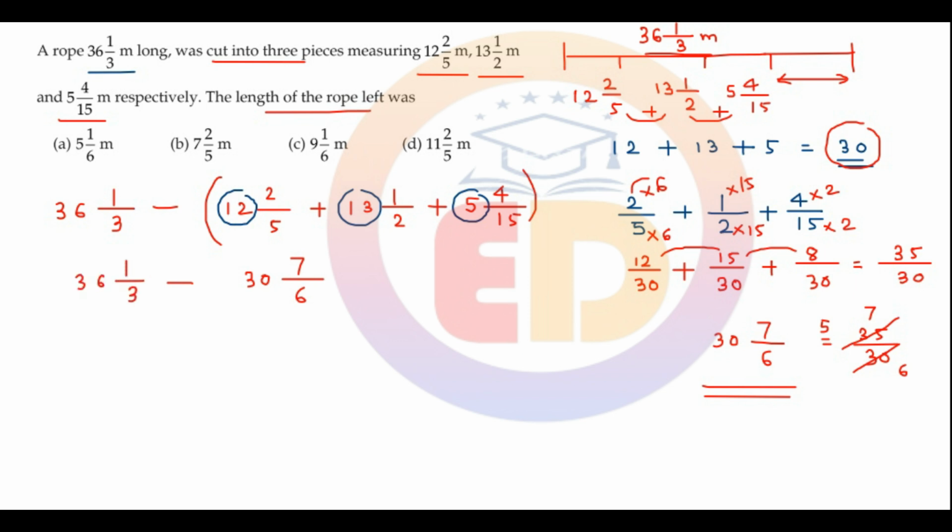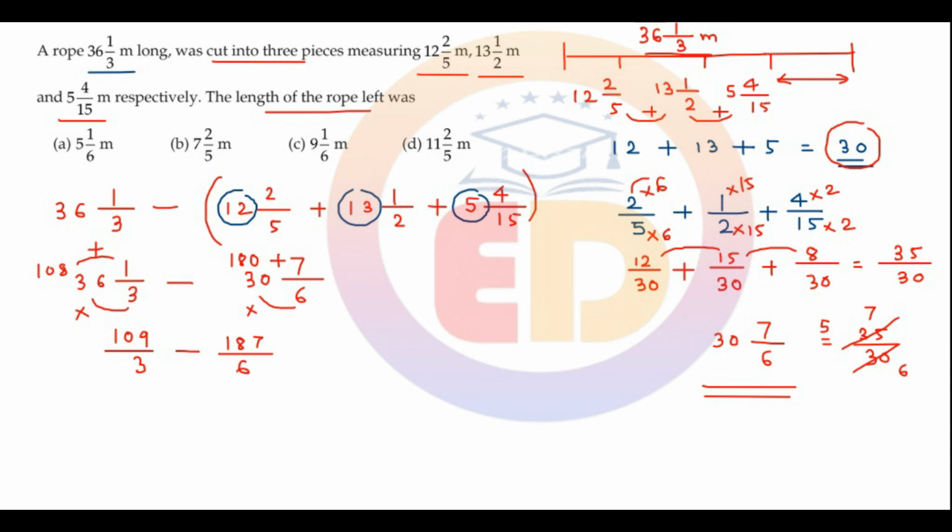Let us convert these mixed fractions to improper fractions. It is 3 into 36, which is 108, plus 1, which is 109 upon 3, minus 6 into 30 is 180, plus 7 is 187 upon 6.